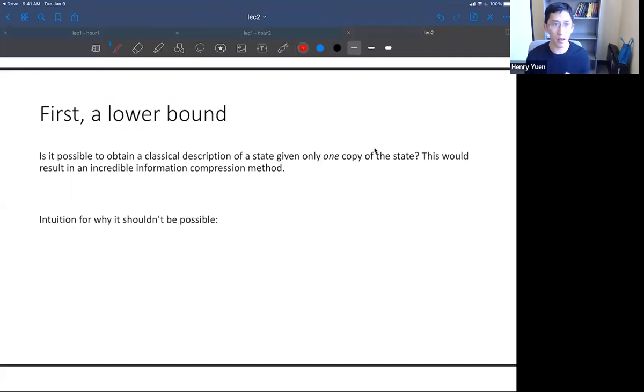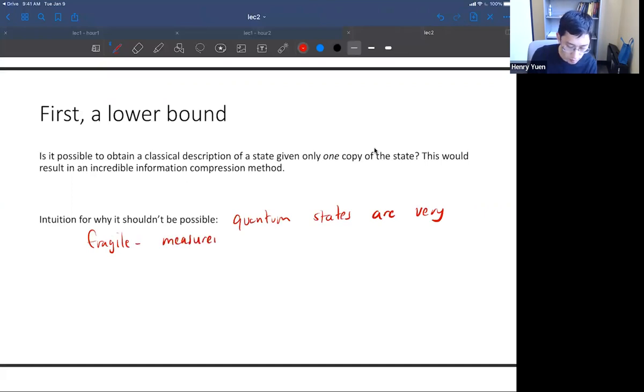So like a very complicated object, but all that complexity is sort of hidden behind measurements, and quantum states are very fragile. So you have to be very careful about what you do to a quantum state to extract information from it.